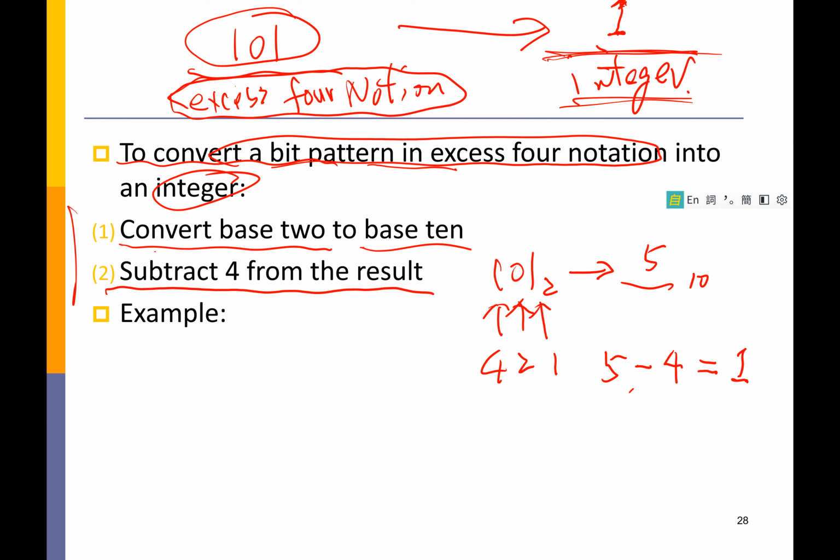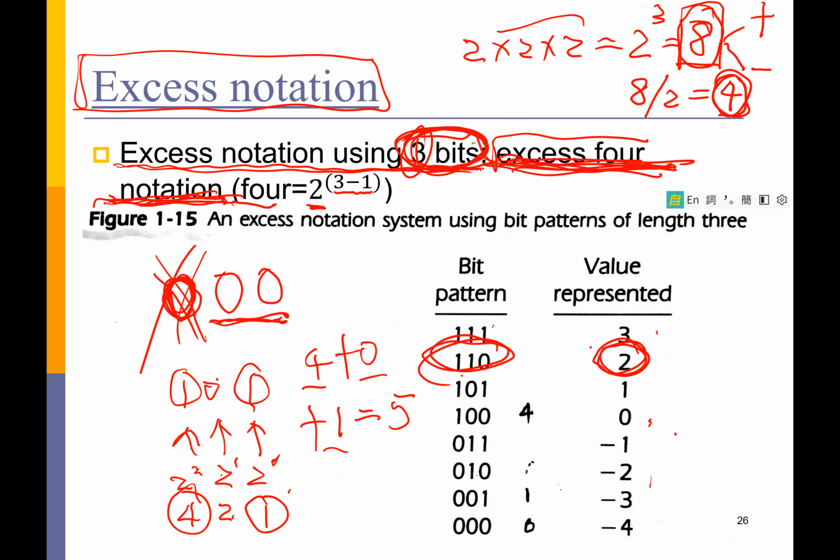So if you want to represent integer 1 using SS4 notation, the notation is 101. Did we do it right? Let's check the table. For 1, the notation is 101.